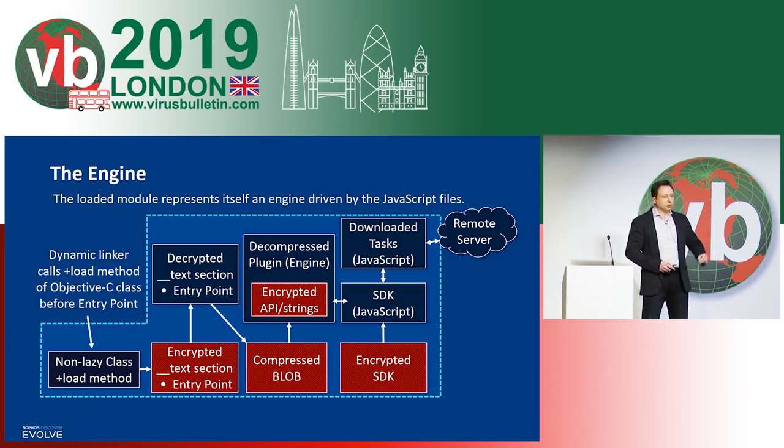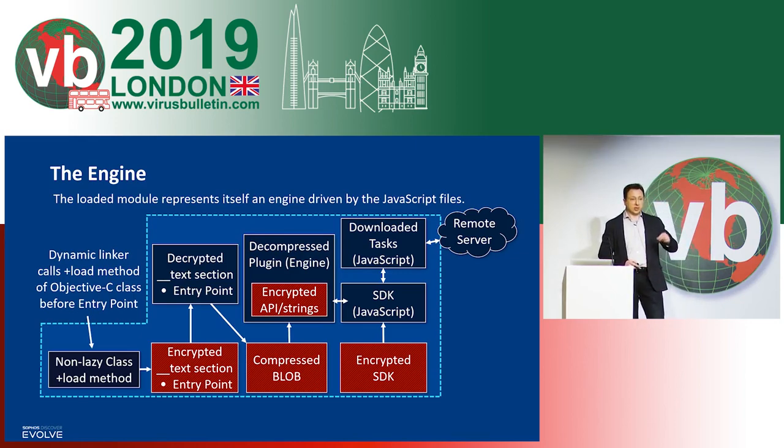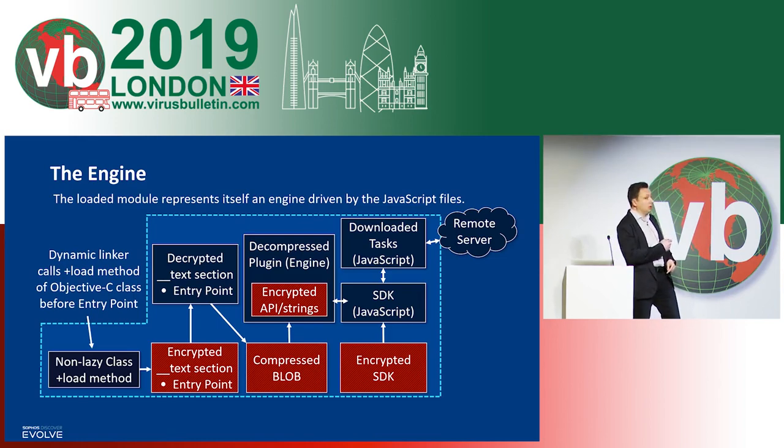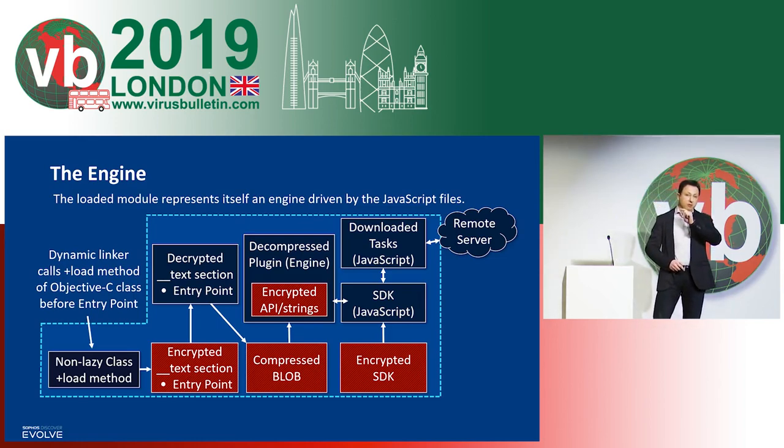But the execution, the workflow itself, starts from the dynamic linker locating the non-lazy classes declared inside the executable, finding the +load method, calling that method. After it's called, the actual method will take that encrypted code section, decrypt it, and then, only then, pass control into the entry point in that code section.